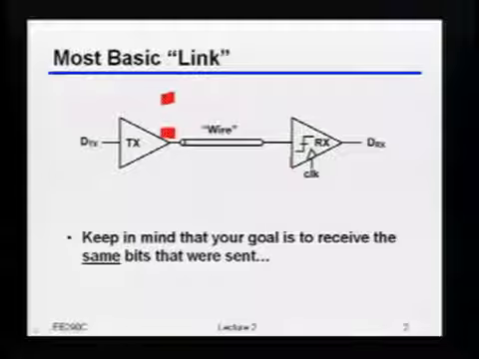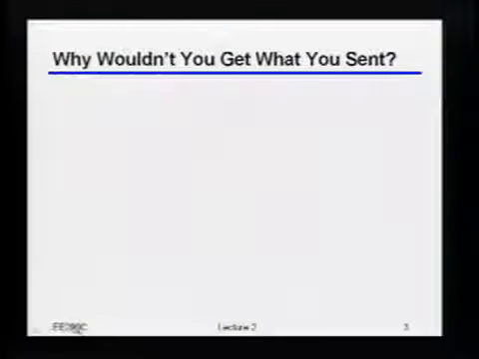In other words, if you get different information at the receiver and you don't figure out that you got different information, bad news. Of course, as soon as I say that, the question is, why wouldn't you just get whatever you sent? What problems can you think of that would cause what you actually sent at the transmitter to not be what you actually receive at the receiver?